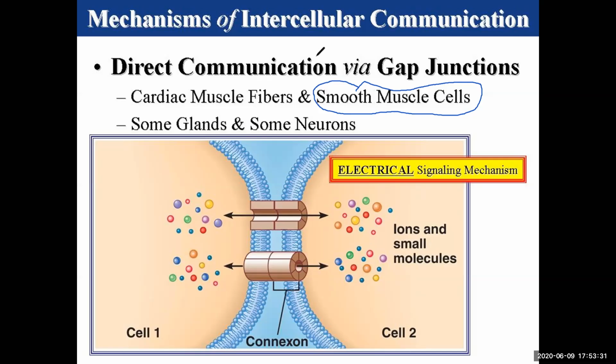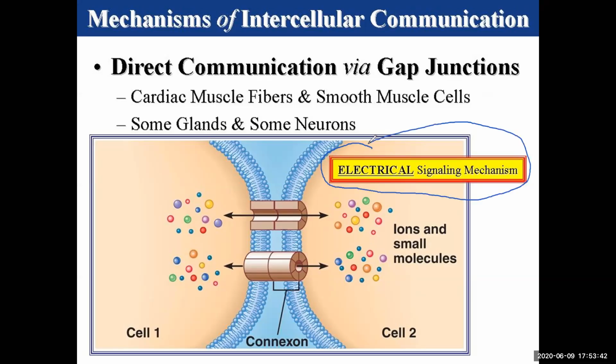Now, the advantage of electrical signals is obvious. The advantage is speed. They are extremely fast. The disadvantage is, and this is important, this is a major flaw, when you use electrical signaling through gap junctions, there's no directionality to the message.